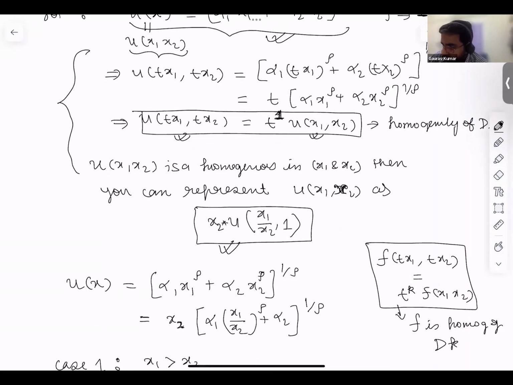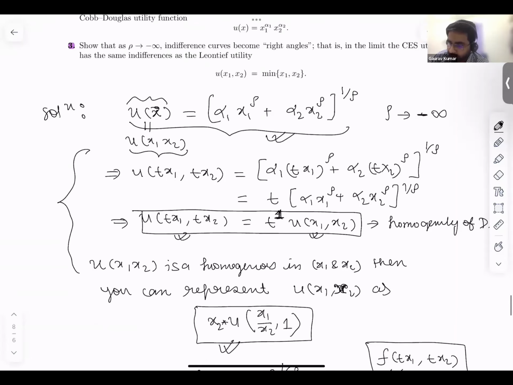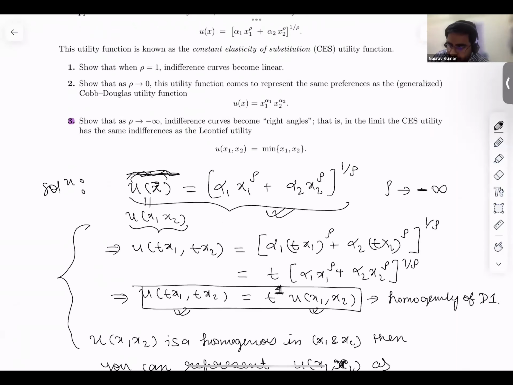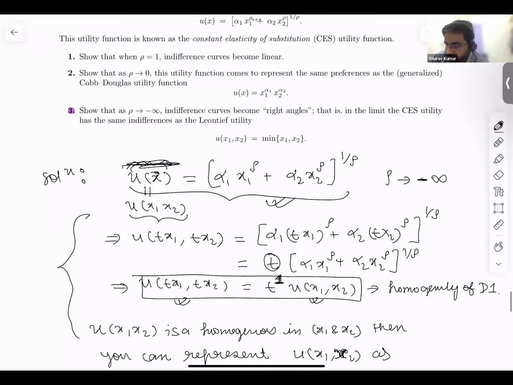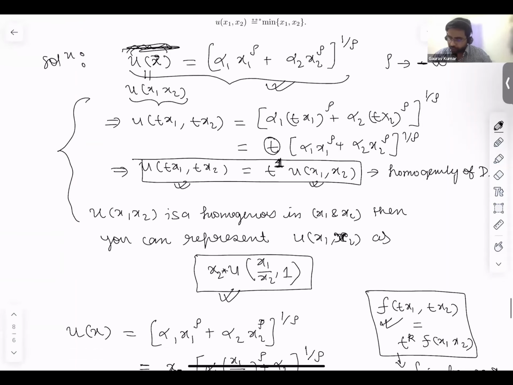Okay, here f is some arbitrary function, we don't know the functional form. Here u has a functional form given to it, and when you do this exercise, what comes out is only t and not t square or t cube, because the functional form is already given to us, and what is coming out is just t and not t square and t cube or t to the power 4. So since only t is coming out, you have homogeneity of degree 1. Clear, Harjot? Okay, so it's clear to him.